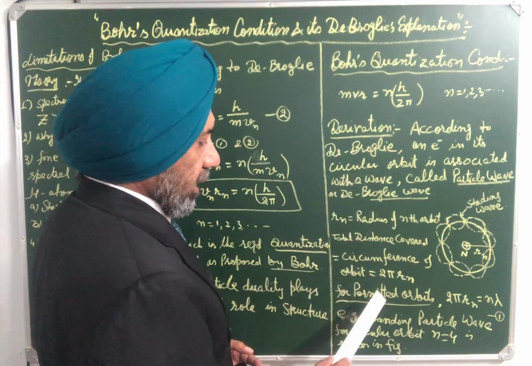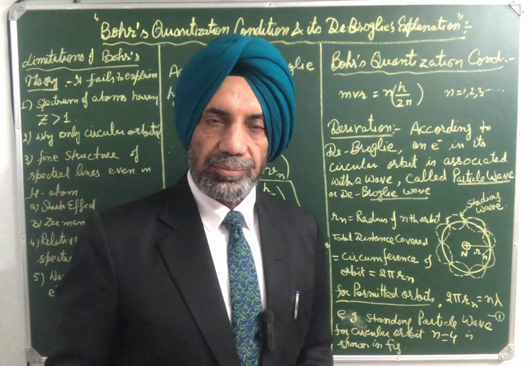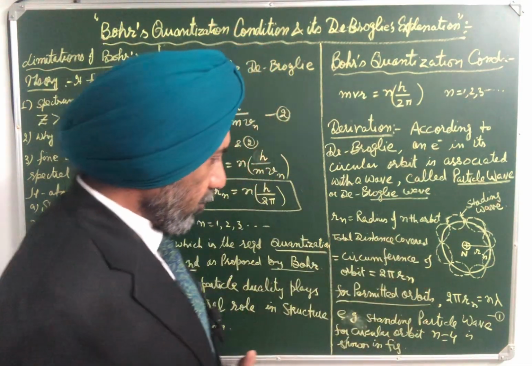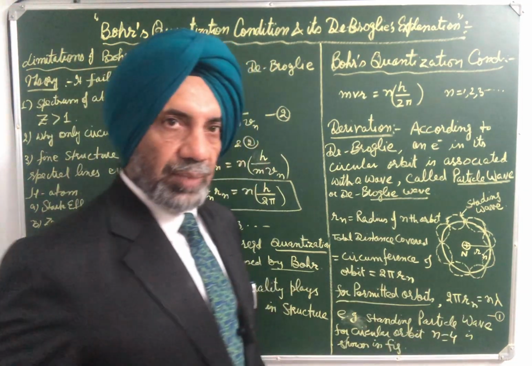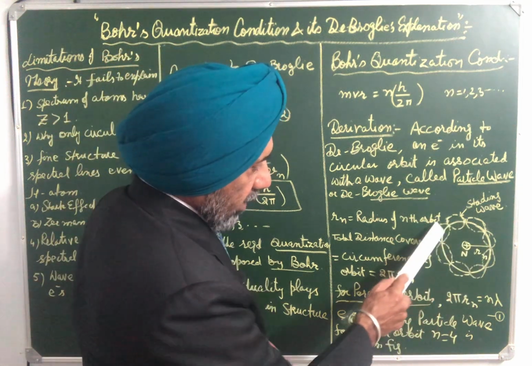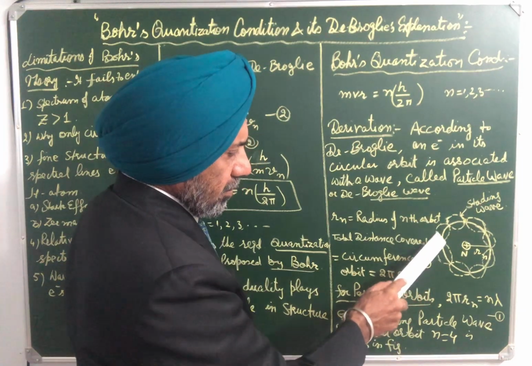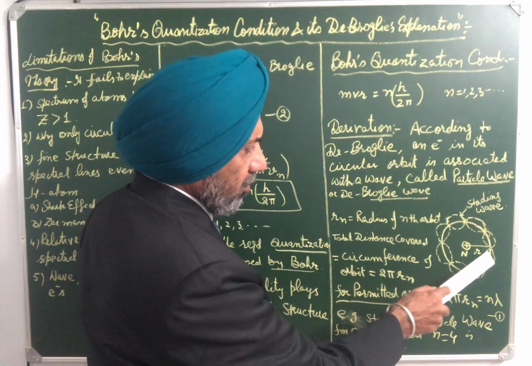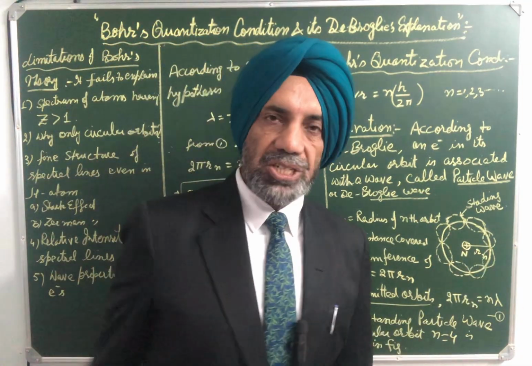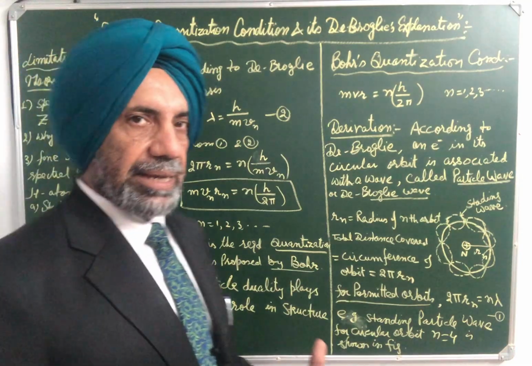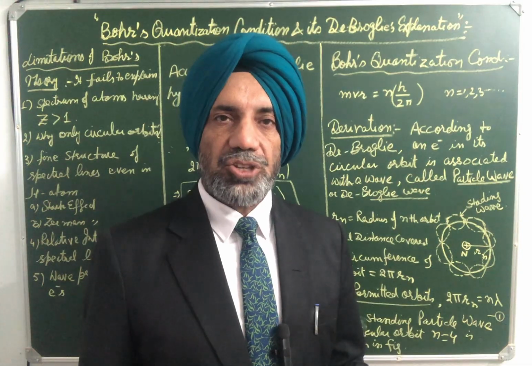So according to de Broglie, 2 pi Rn must be equal to n into lambda; then standing waves will be produced. For example, for n equal to 4, the orbit produces 4 waves like this, 1, 2, 3 and 4. These waves are known as standing or stationary waves, just like the standing waves between the two fixed ends of a string.